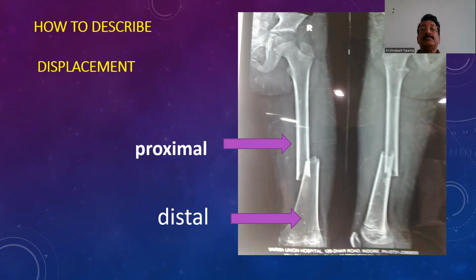You can see in the X-rays, it is a plain X-ray of a child since the epiphyses are unfused, and it is an X-ray of the femur, AP and lateral views, showing there is a fracture of the shaft of the femur. The upper fragment is the proximal fragment, and the farther fragment is called the distal fragment.